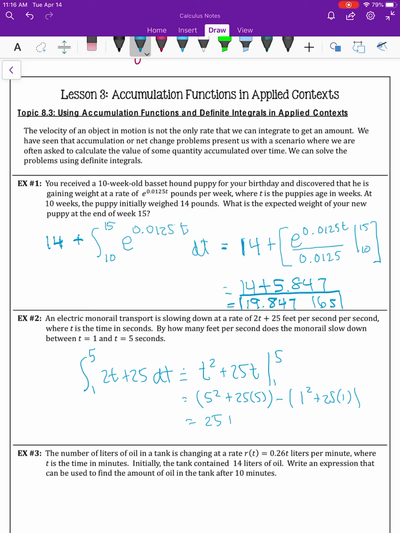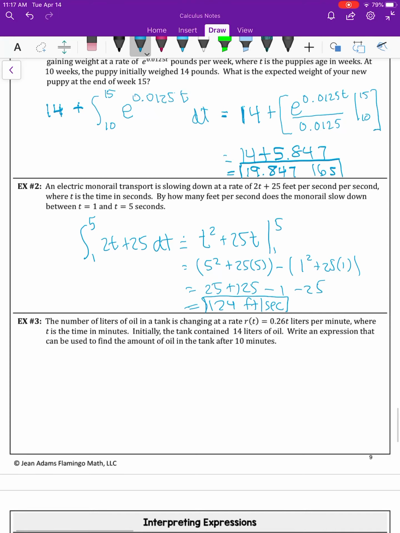So 5 squared plus 25 times 5, minus 1 squared plus 25 times 1. That gives you 124, and this would be feet per second.